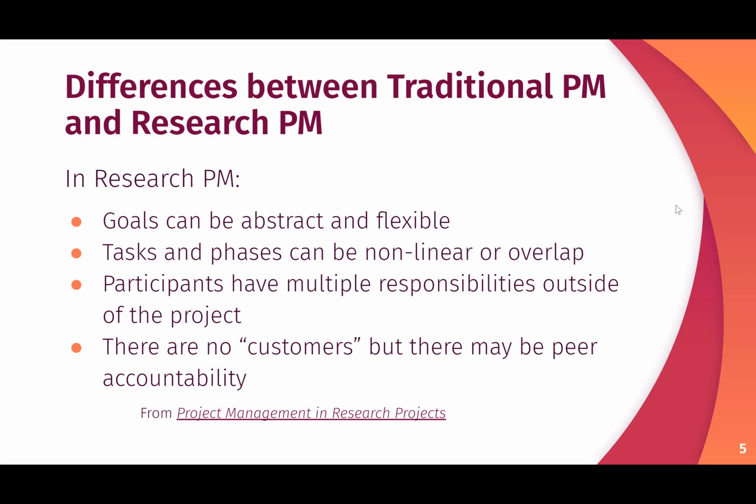But let's talk a little bit, actually this is from an article, but let's talk a little bit about the differences between traditional project management and project management for research, which is what you will be doing. So the first thing is that goals can be abstract and flexible. They're not as targeted as you would have them in a traditional project management role where you have, you know, exactly what you're doing and you have a timeline that you need to adhere to.